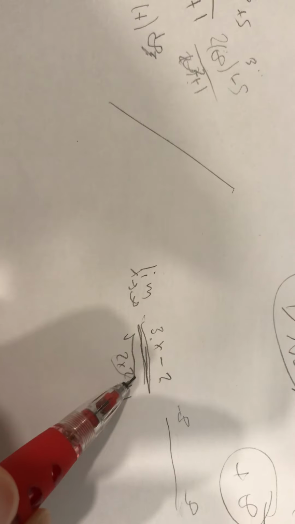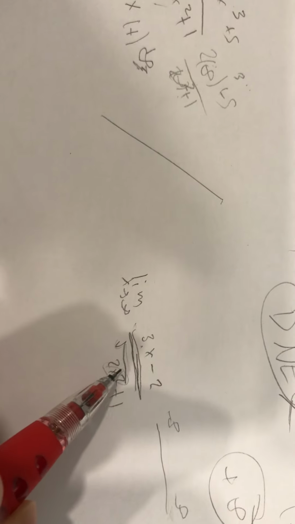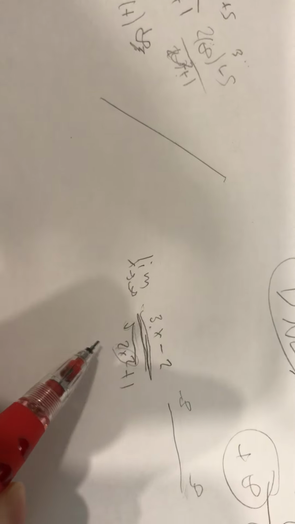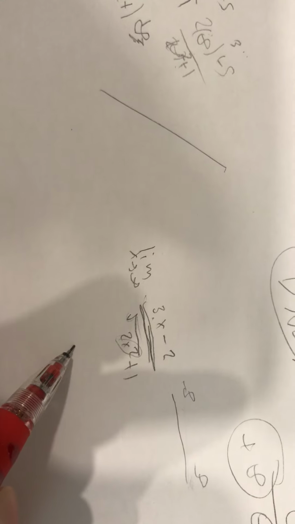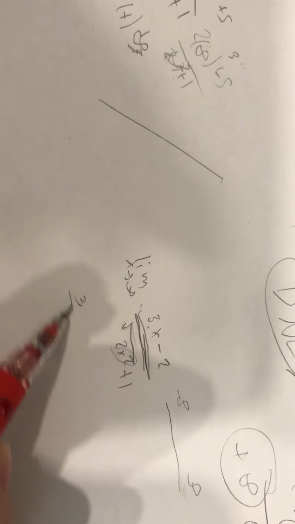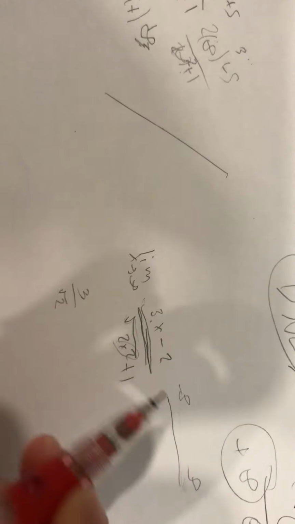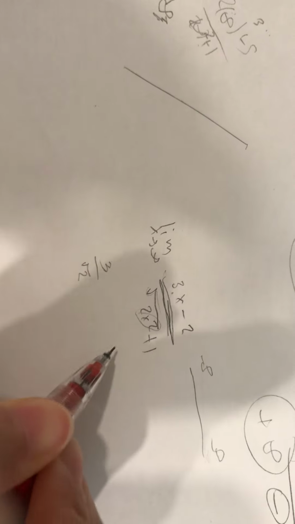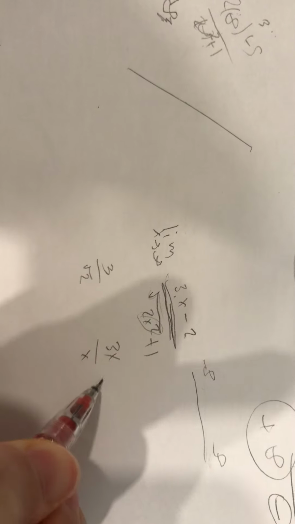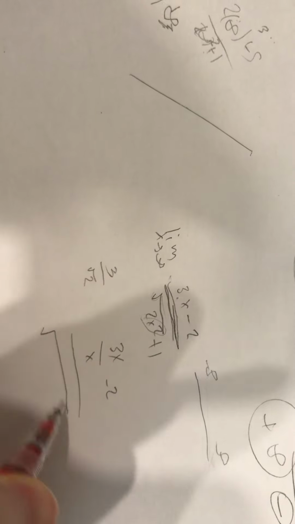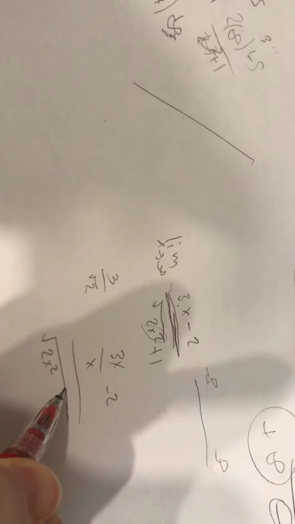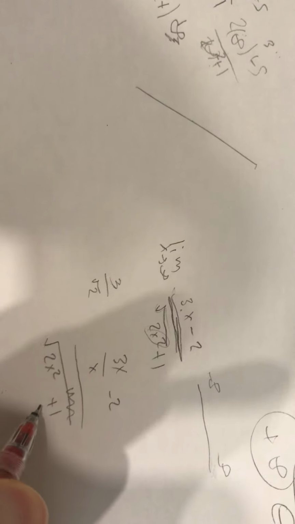So we would think that it's x squared, but actually there's a square root, so it's just x. And then if it's x, then you can take the ratio, so 3 over square root of 2. But then if you want to do it the divide by the highest power way, it would be 3x over x minus 2 over square root of 2x squared, oh, not squared there, plus 1.